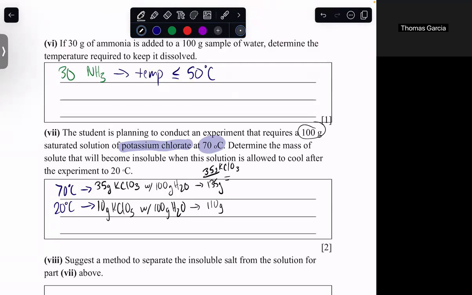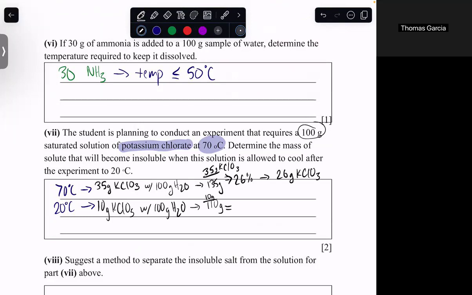When we do this, what we're actually finding is the percent by mass that our solution is going to be potassium chlorate. And we get about 26%, which means out of our original 100 grams, we are actually starting with 26 grams KClO3. At the end, our solution wants to instead be 10 grams over 110 grams.